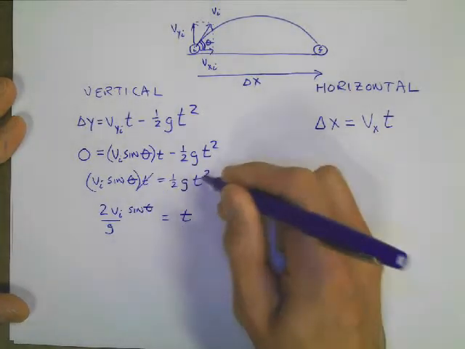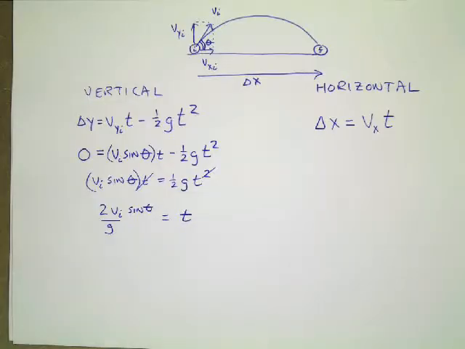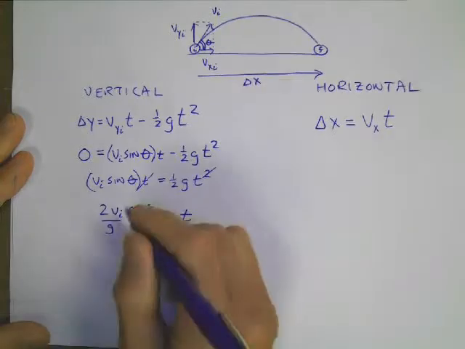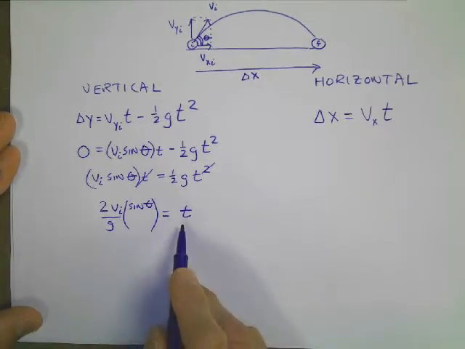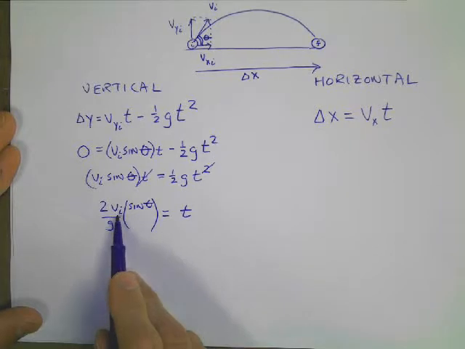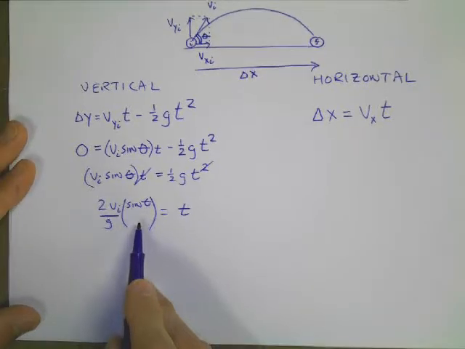And also I'm canceling out a time here. And so put that in parentheses. So that's what we have as our expression for t. It's 2 times the initial velocity divided by gravity times the sine of theta, our launch angle.